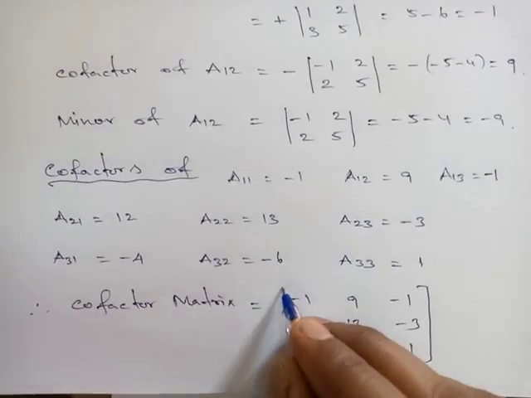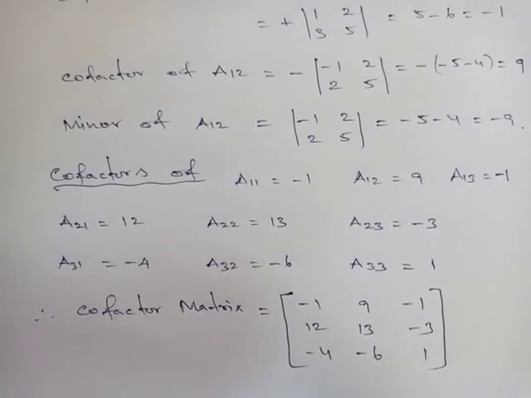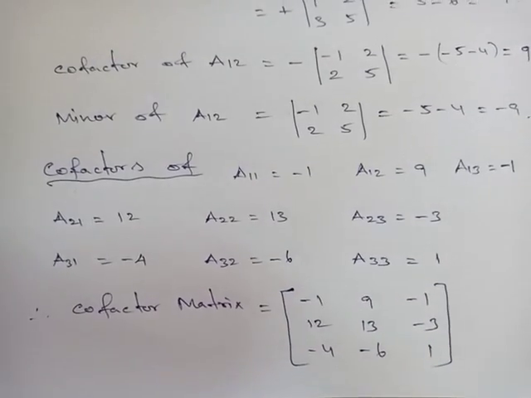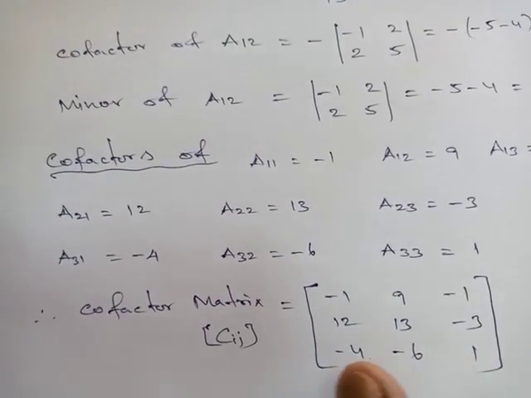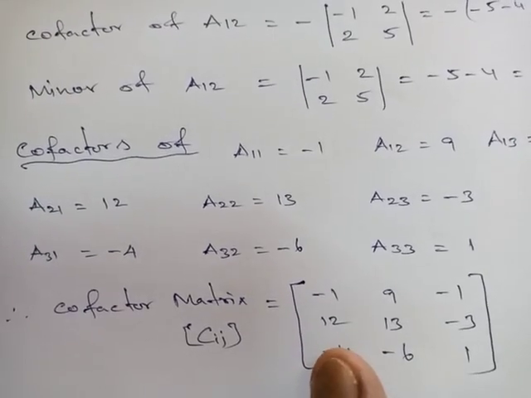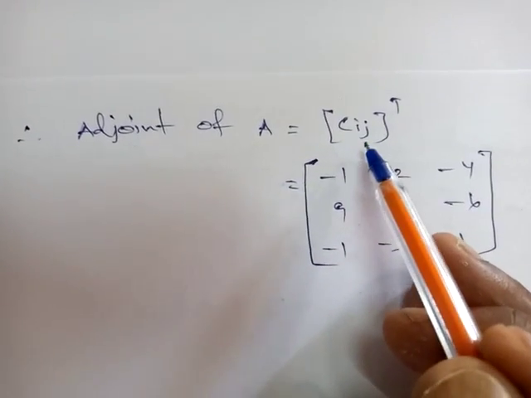In matrix format, this is called the cofactor matrix, and the transpose of this is called the adjoint of A. I am taking this cofactor matrix as Cij. Adjoint of A is nothing but the transpose of Cij.